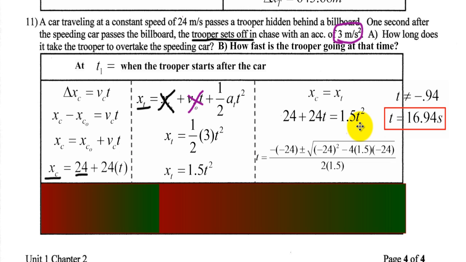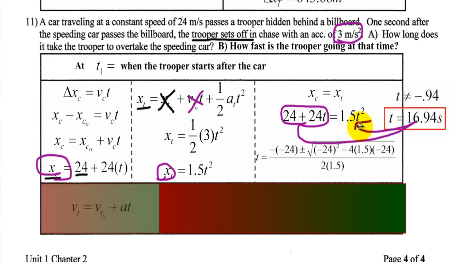Well, now that you know this time, you can plug it into here or plug it into here, because either way it equals the final position that we're looking for. That would be to find the position. Oh, sorry, it wants to know how fast is the trooper going.